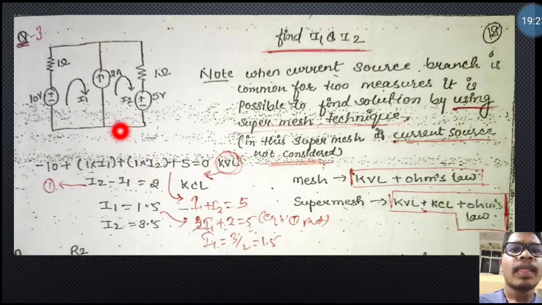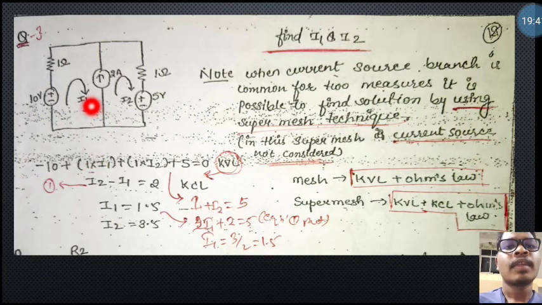So see here, this is the first loop, and we are not considering the 2 ampere current, but now we are taking the KCL equation in this branch. So see, there is I2 current and there is I1 current.